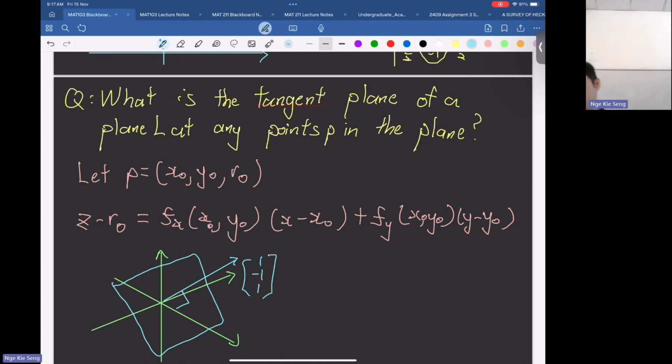If I fix this normal vector, I can imagine how my plane faces. That's 1, minus 1, 1.